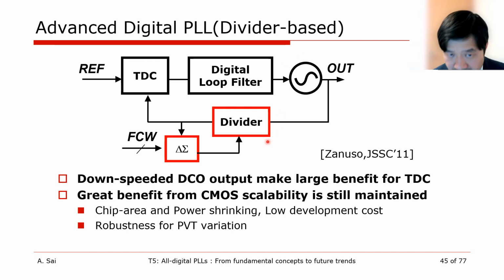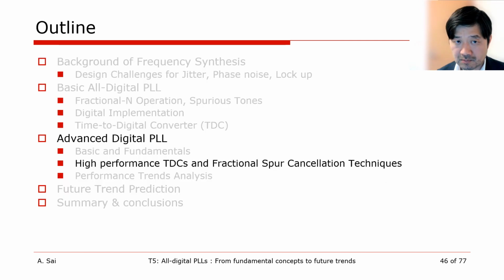However, a great benefit from CMOS scalability, such as chip area and power shrinking and low development costs, is still maintained. Next, high-performance TDC and fractional spur cancellation techniques.